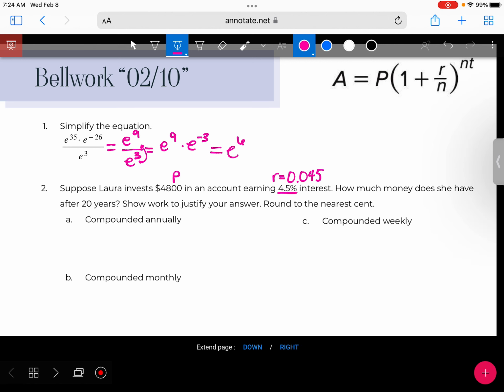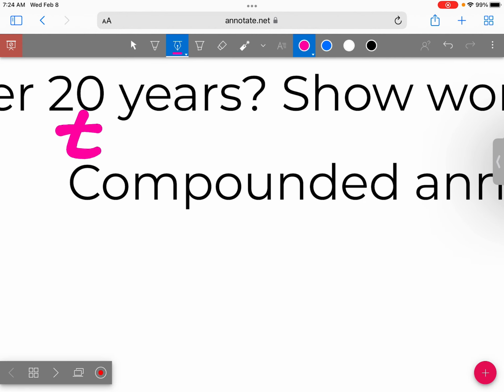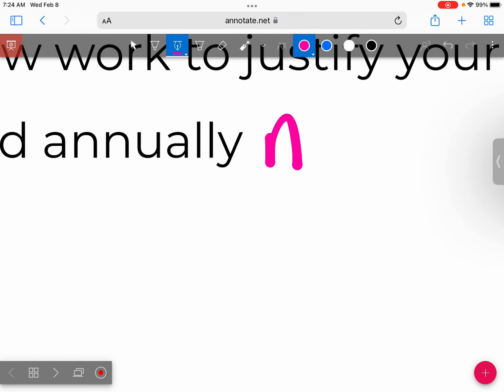Well, our N actually depends on which one we're doing. Just kidding. What's our T? 20 years. T is 20. Okay? So what is our N for compounded annually? One. Yeah. Compounded annually, it's 1.